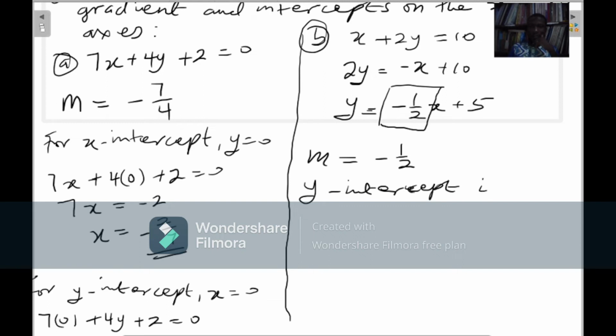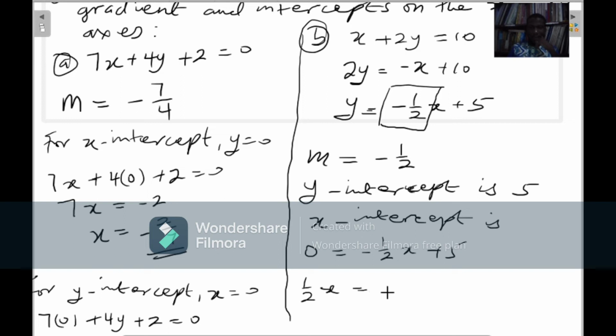and our y-intercept is 5, which is here. It is a number, the value we get when we make x 0. And then you just go ahead and find our x-intercept. So we find our x-intercept by making y 0. So if we make y 0, we're going to have 0 equal to negative 1 half x plus 5. I move x to the left to give me 1 half x being equal to 5.